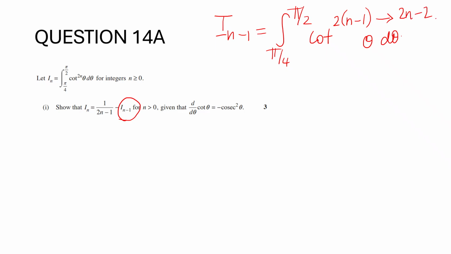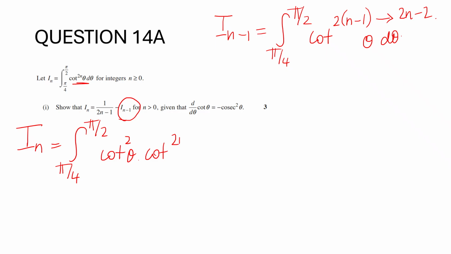So that gives me the idea that I might want to split this up. So I_n is equal to the integral between pi on 4 and pi on 2 of cot squared theta, cot 2n minus 2 theta d theta.